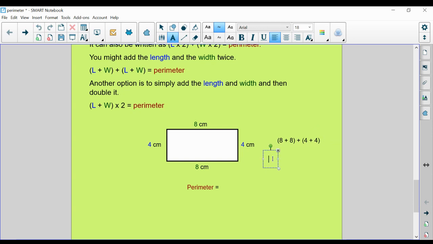And once I solve for those, it's 16 plus 8 equals 24. So my perimeter is 24 centimeters.